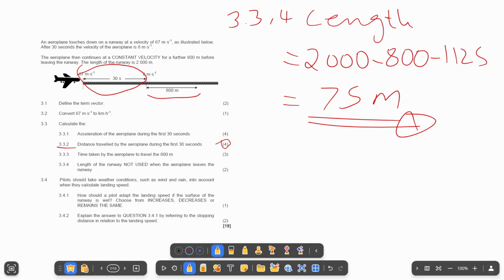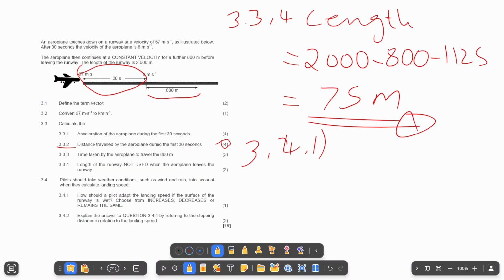Choose from increases, decreases, or remain the same. This is question 3.4.1. They want decrease, increase, or remain the same. How should a pilot adapt to the landing speed if the surface is wet?